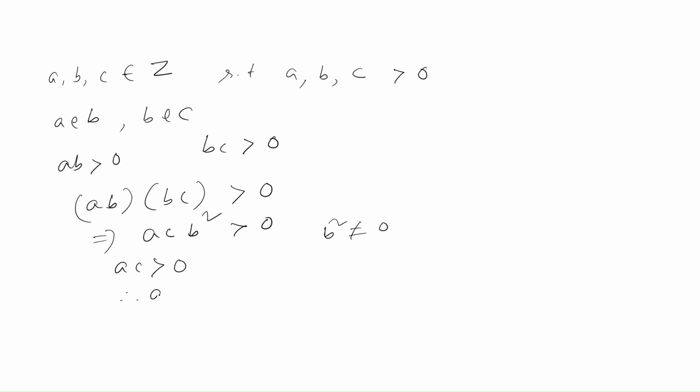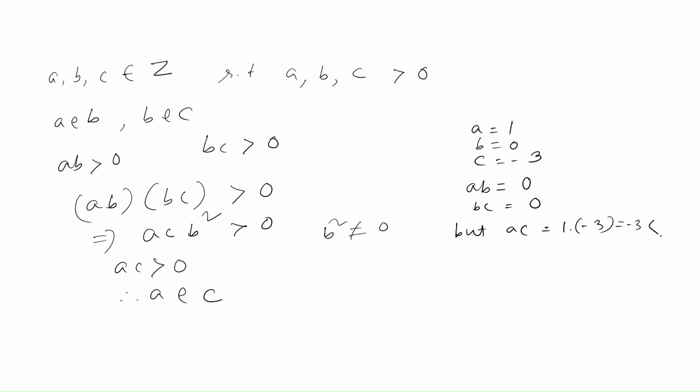Therefore a rho c. If we take a equals to 1, b equals to 0, c equals to minus 3, then ab equals to 0, 1 into 0. bc equals to 0. But ac equal 1 into minus 3, which is minus 3 less than 0.